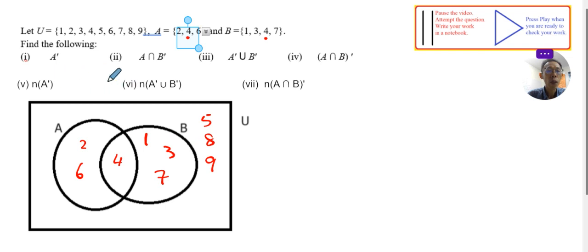Next, I do A complement. That means everything that is outside of A. So first of all, let me redo this by using a highlighter. So A is here, and everything that is outside of A, for example, are these, right?